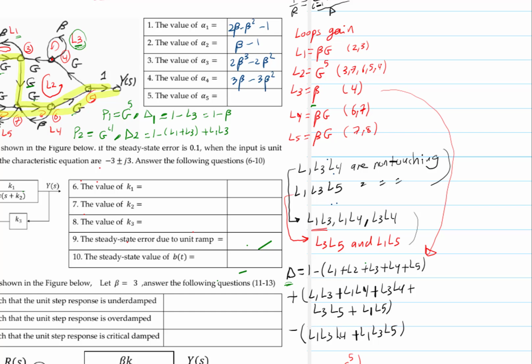Finally, alpha 5 is equal to beta minus 1. So you only need to substitute the value of beta to find alpha 1, alpha 2, alpha 3, alpha 4.